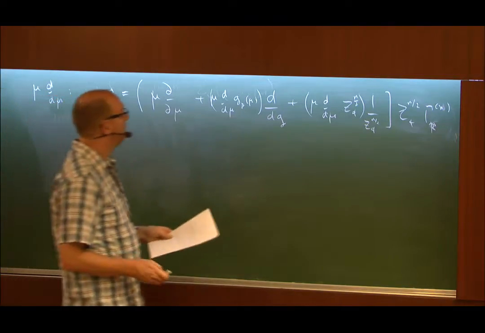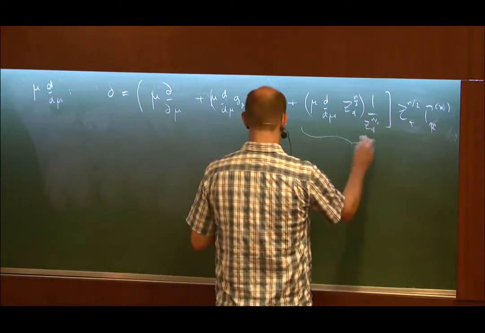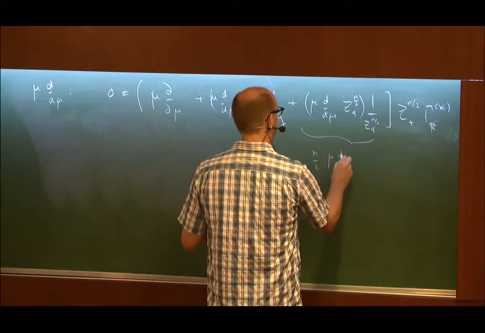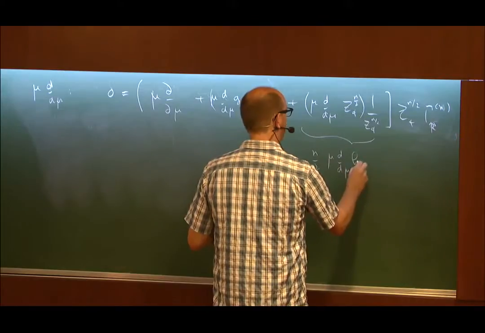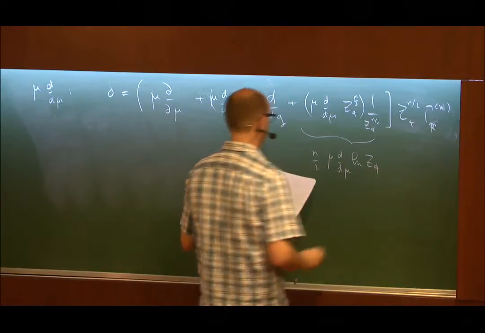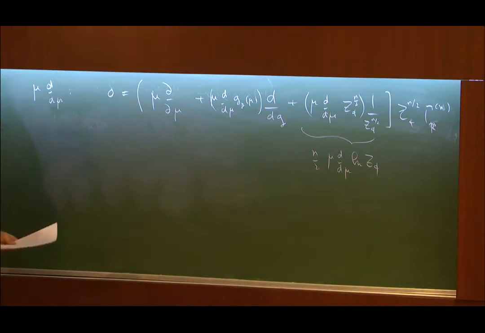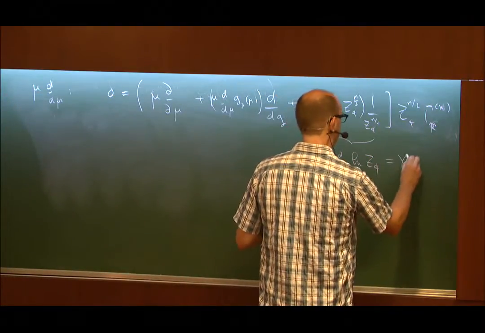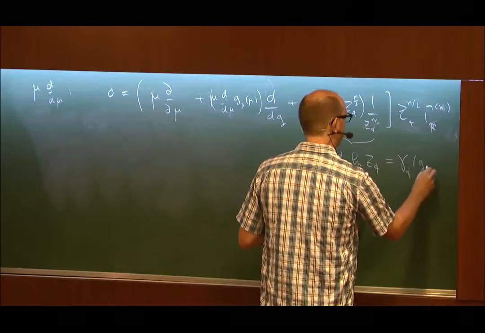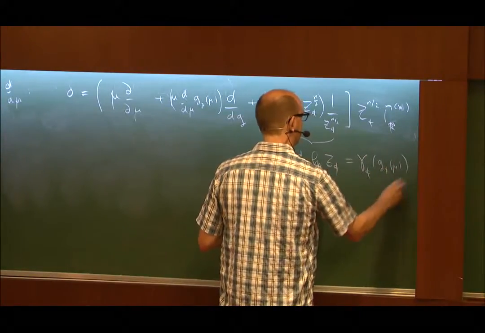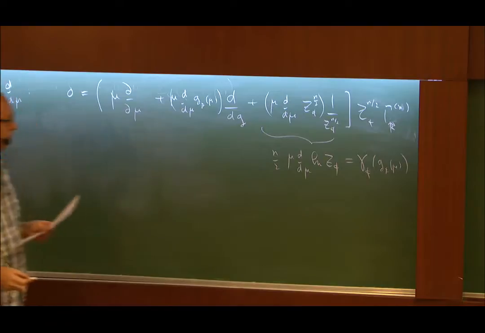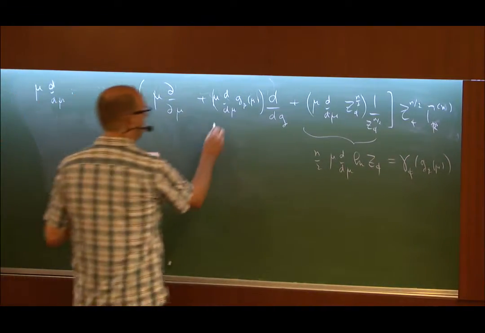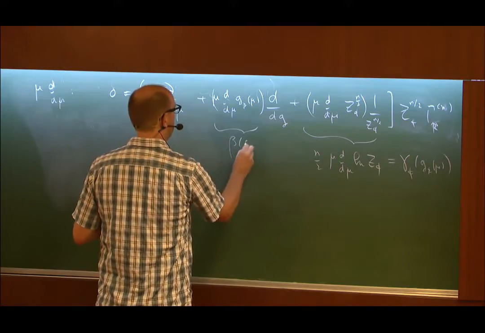So this you can write as n over 2 mu d/d mu on the log of Z phi. And this is what is known as the anomalous dimension, gamma of phi, which is a function of GR only. And this we had already seen. This was the beta function. It depends on GR only.